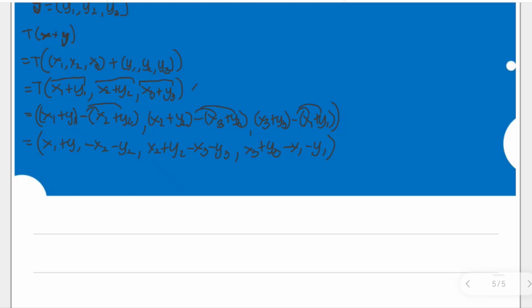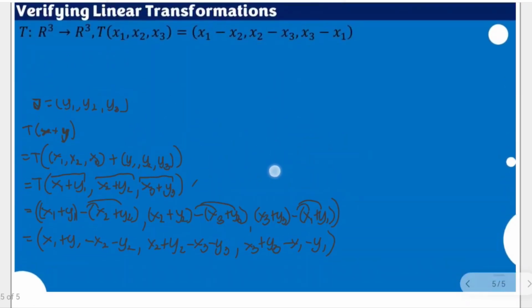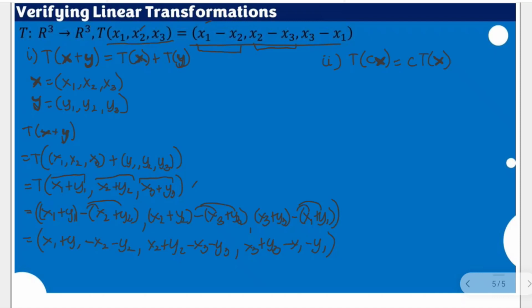Now from here, take note our goal is to show that the transformation of the sum is equal to the sum of the transformations. In short, we are going to show that there is a separate transformation for vector x and a separate transformation for vector y. Take note that vector x is composed of the x components and y of the y components.